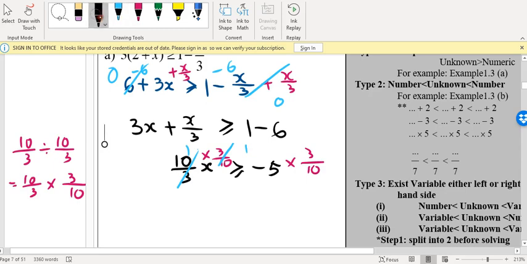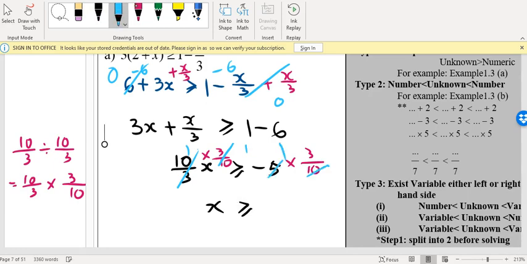So my answer will be x. This one is 5 over 1, then this is 2, so I have negative 3 over 2. Is it finished? No.